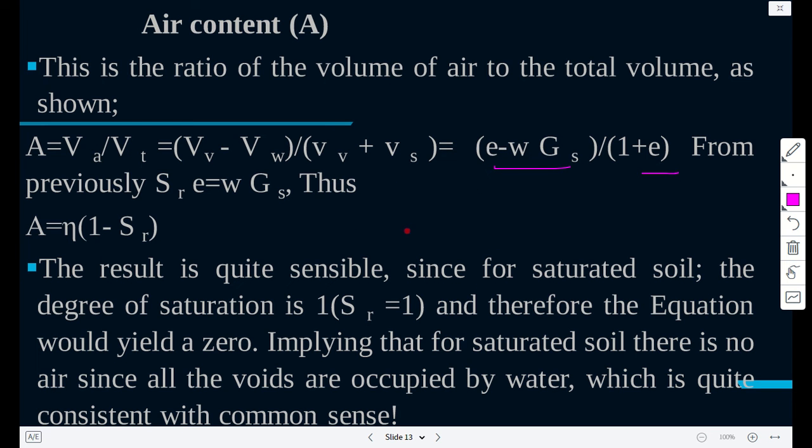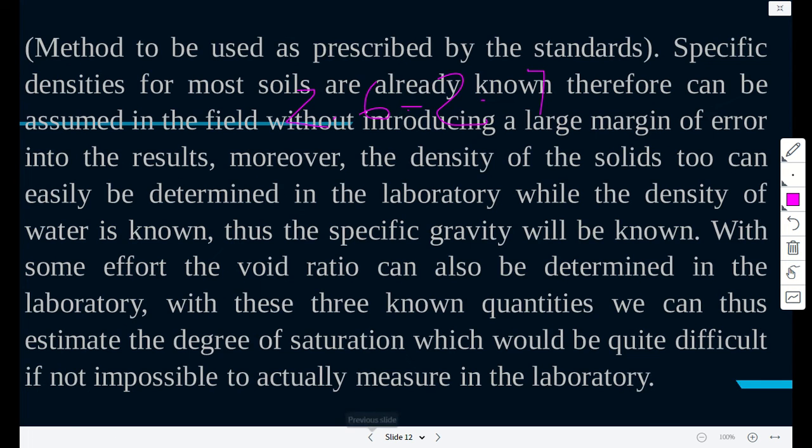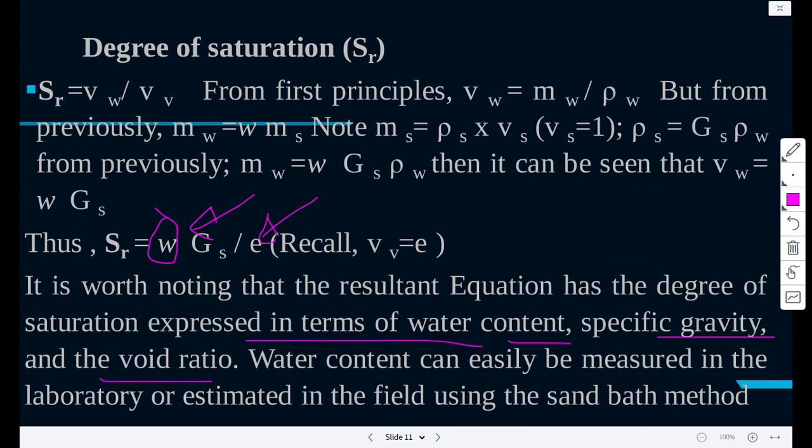So air volume is E minus WGS, should be fairly easy. All right. Now we know that from here, we recall this, right? So we use that here.